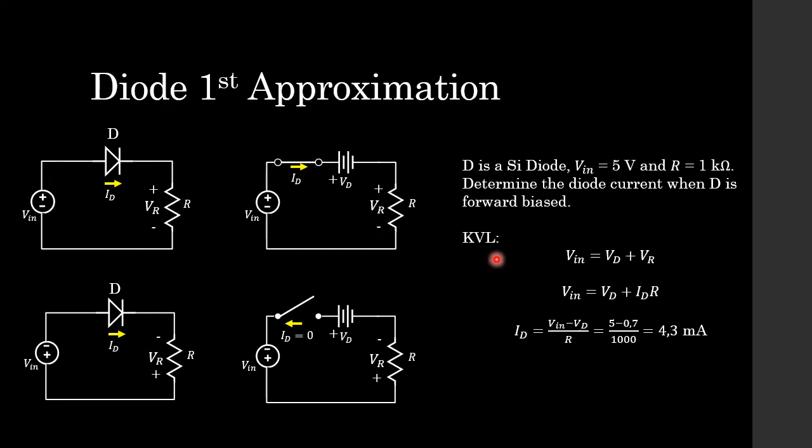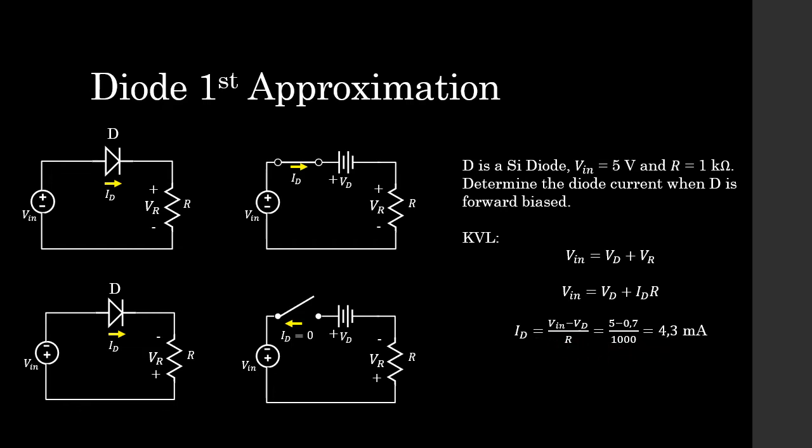So let's do a little bit of KVL. I'm sure you guys remember your KVL from circuits. Yes, we do KVL. That gives us this first equation. Input voltage is equal to the diode voltage plus the resistor voltage. We replace the resistor voltage with the current multiplied by the resistance, and then we simply solve for our diode current.